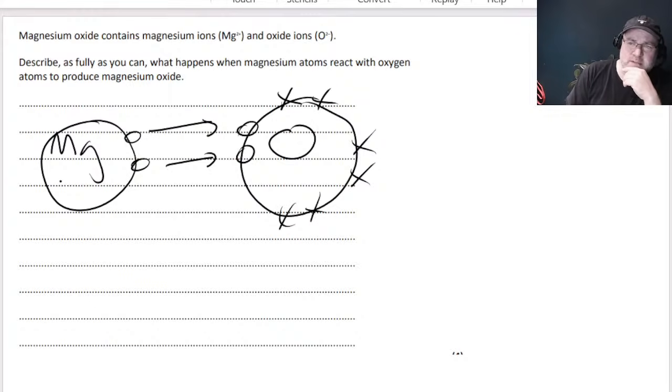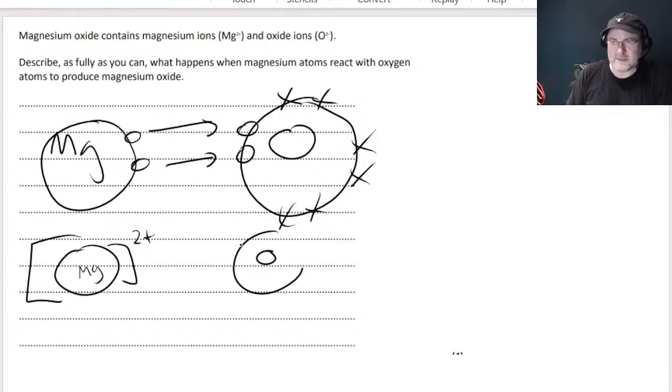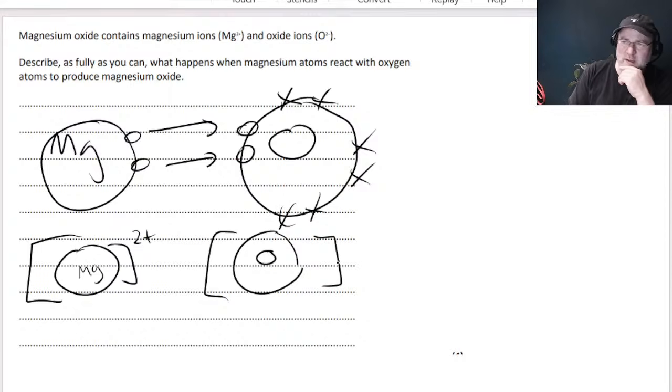Afterwards, you're going to end up with Mg2+ and O2-, and they told us this in the question, so we're not going to get marks for that. Most of the time they don't tell you, and you'll actually get marks for giving the ionic charges, but this one they're not giving you the marks for.